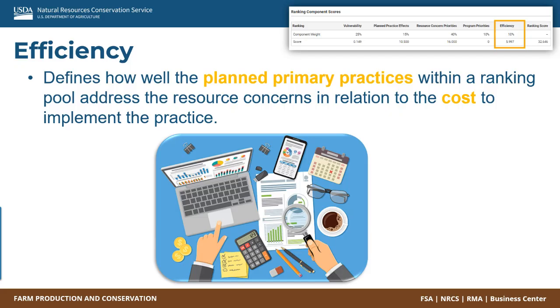There's math that goes on behind the scenes, and then that information is based on those plan practices that you have in the assessment and those that are applicable to the ranking pool. But other than that, it's all taken care of for you, and that value will show in the ranking score as a total.